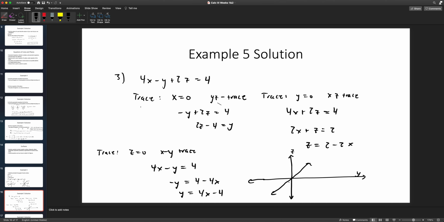So we have z, we have x. So we can start with this z equals 0, xy trace. So z is 0, which means we're on the xy plane. And when x is 0, you see y is -4. So let's just make this -4, x is 0. When x is 1, we see we get y is 0.